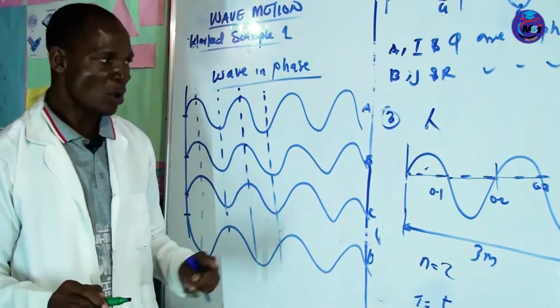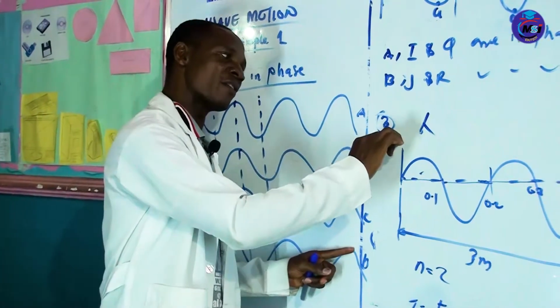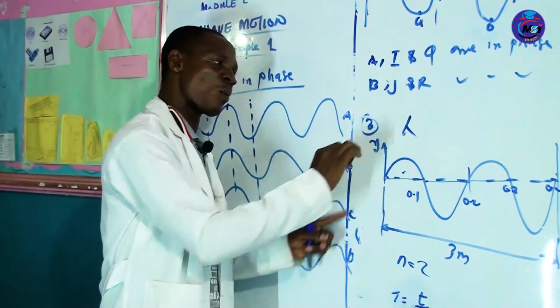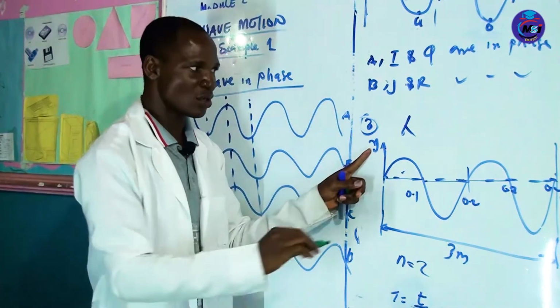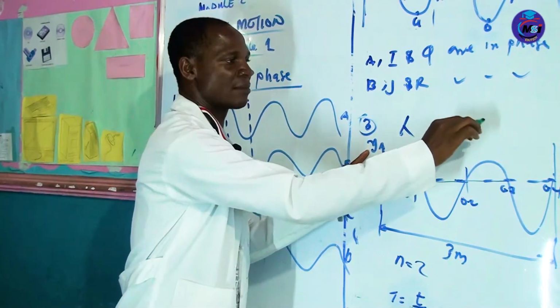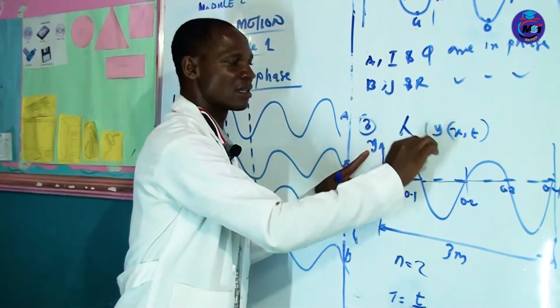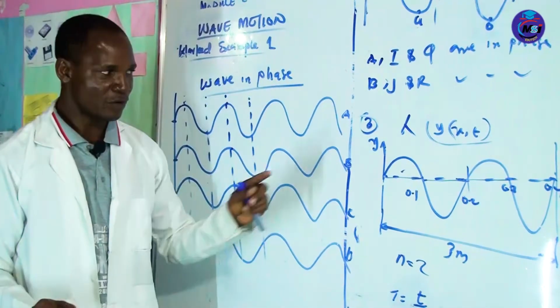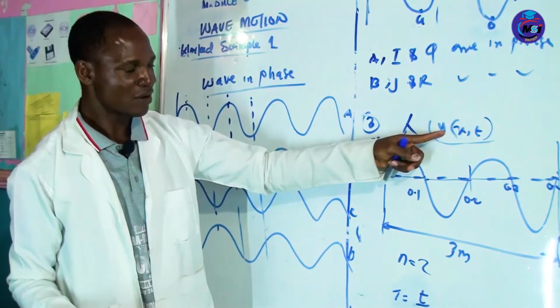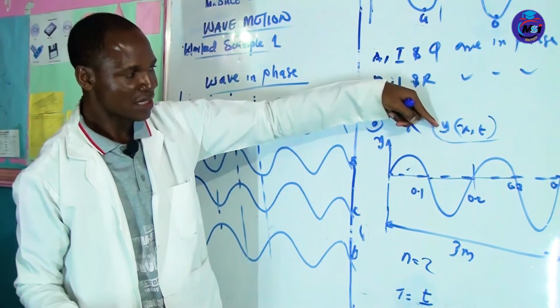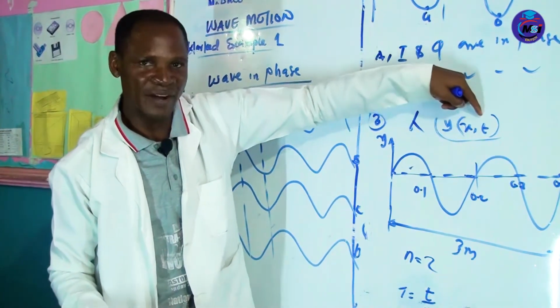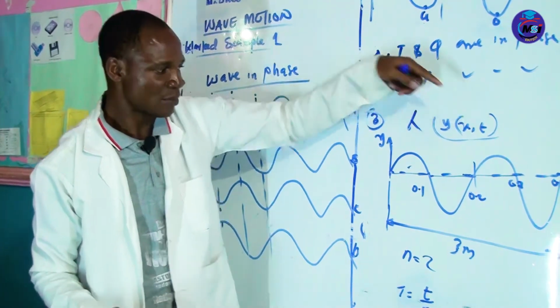That is the time, because in a wave, the y-axis depends on the x and time. That is the value of y. That is the function of wave. The displacement on the y depends on these two values, the x and the time.